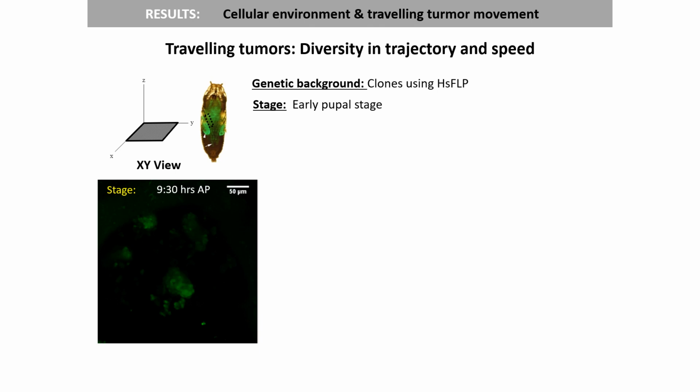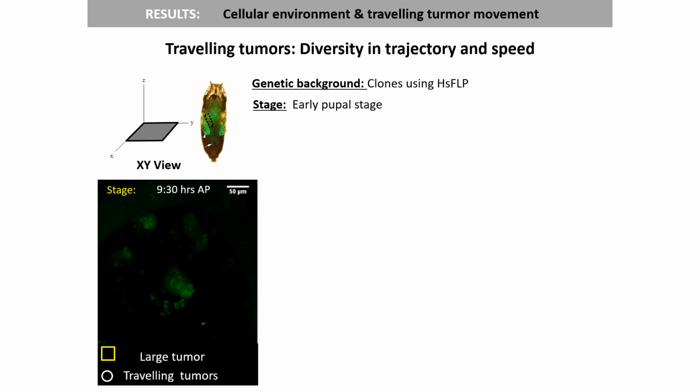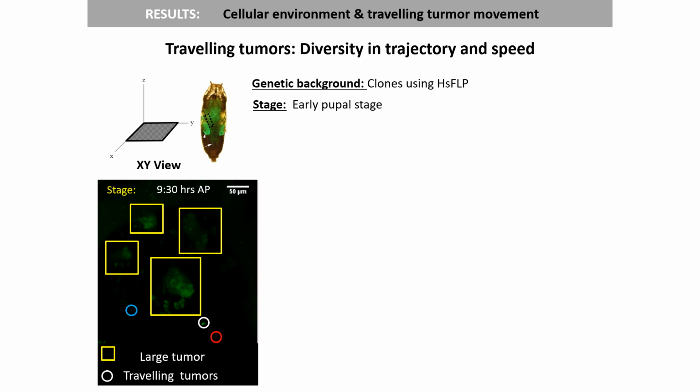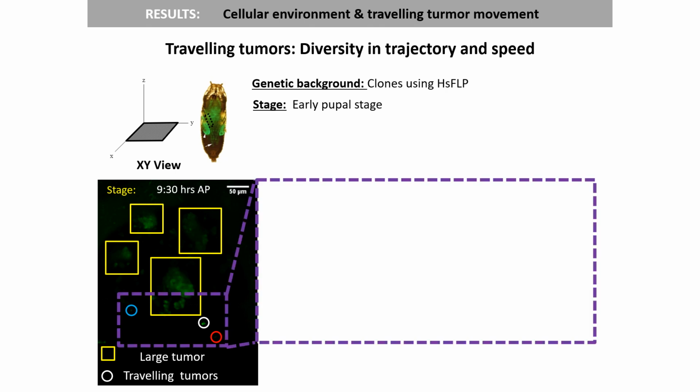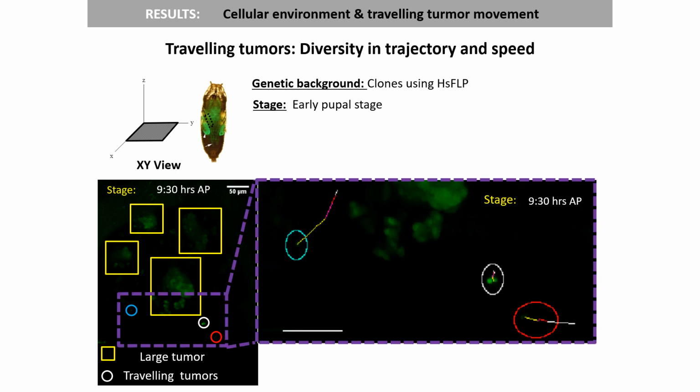Okay, so now that you know how they look, I'm going to show you what we did. Here you see large tumors, and you will see these dots. And what we did is exactly this. We played the movie, and we started following the trajectory of each one of these CTCs.